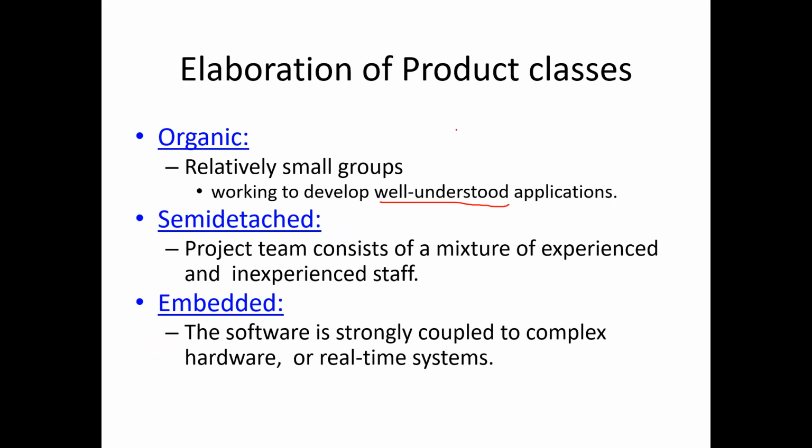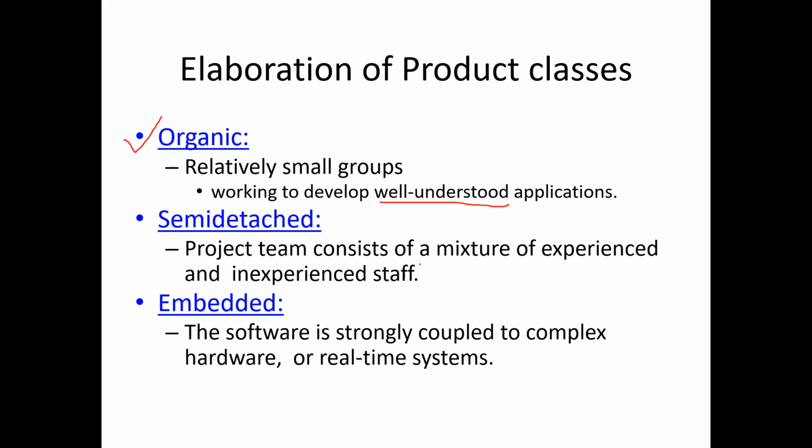If you have made a team for a software and it is a very experienced team, then the software also becomes very easy to make, because they are very experienced. That's why organic means we will take less time for this type of software.